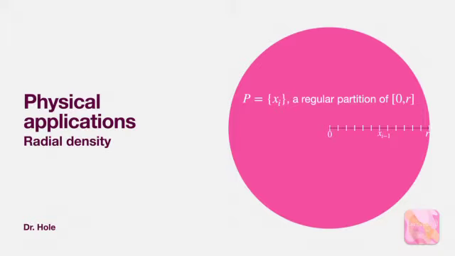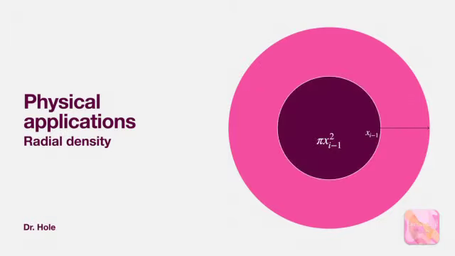We want to recover an integral, thus we're going to partition the interval from 0 radius out to the radius r of the disk. Good. Let's look at a representative point. Let's start the representative interval at x sub i minus 1.